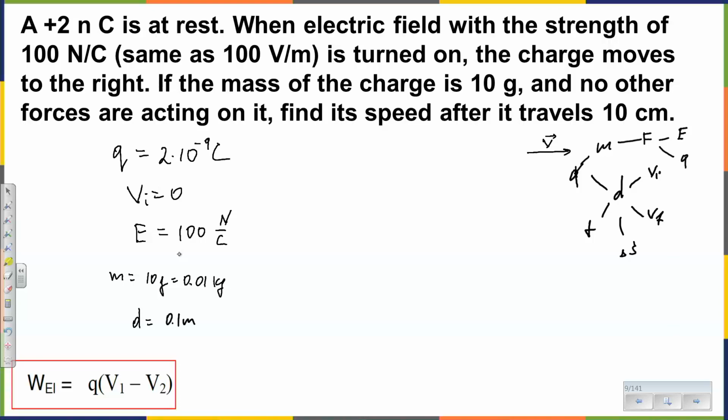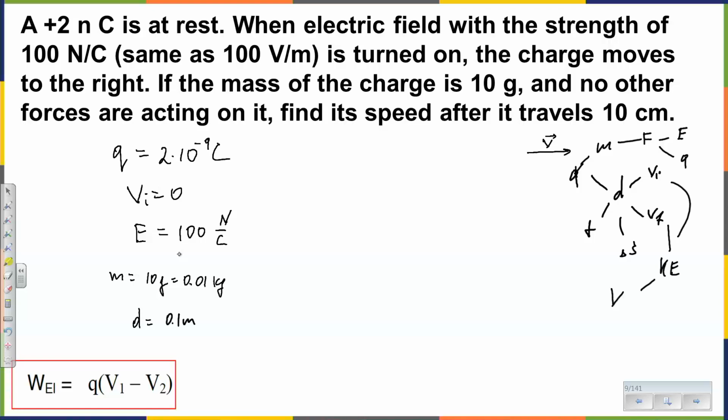We also could use the same approach we've used just several minutes ago, using energy, because, as we know, speed, initial and final, is related to kinetic energy.